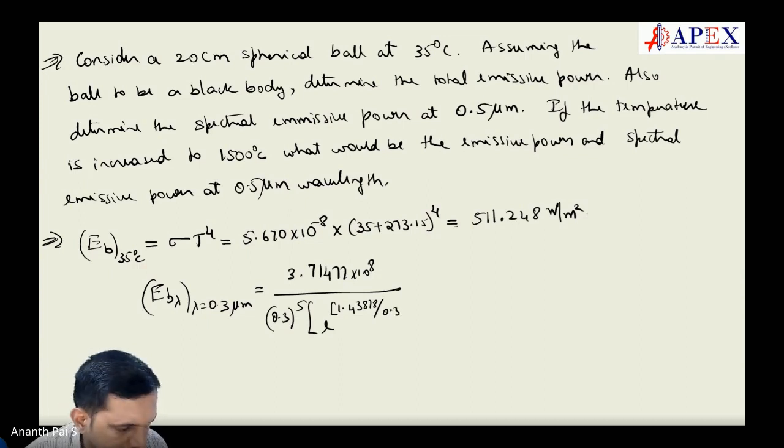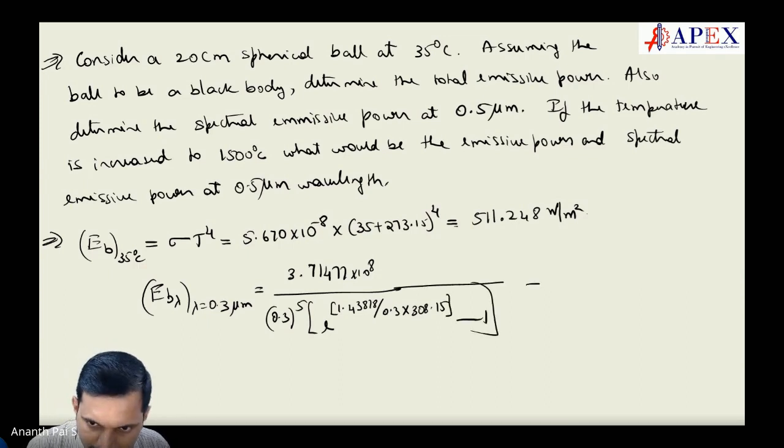It is in micrometer only, so you don't have to worry. 0.3 into the temperature, which is this added together, 35 plus 273, what will come? 308, is it not? 308.15, right? Minus 1.